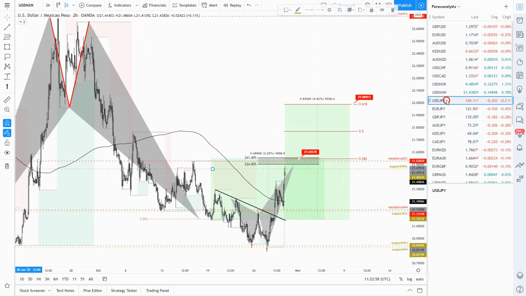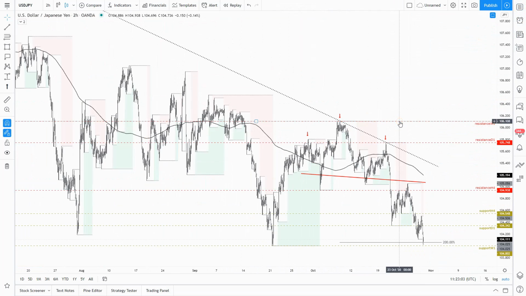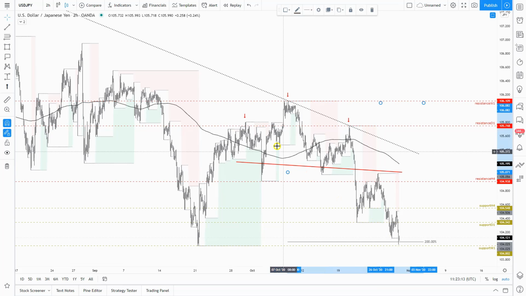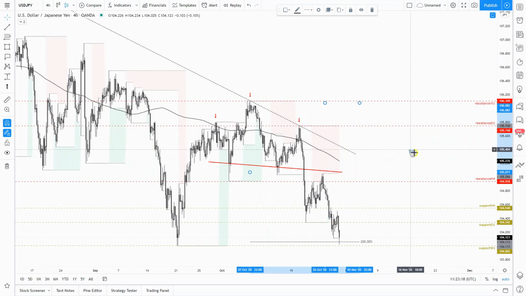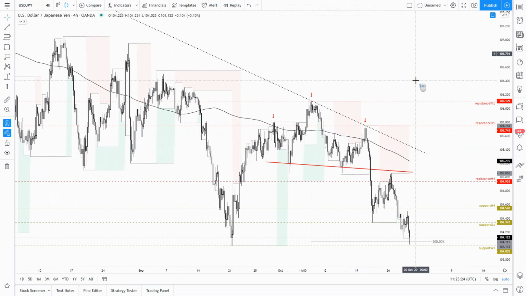More dollar versus yen, head and shoulders. We are now approaching the weekly fractal support, previous structure lows. 200% Fibonacci extension, default target for the head and shoulders printed above. I also shared before the violation of the structure.